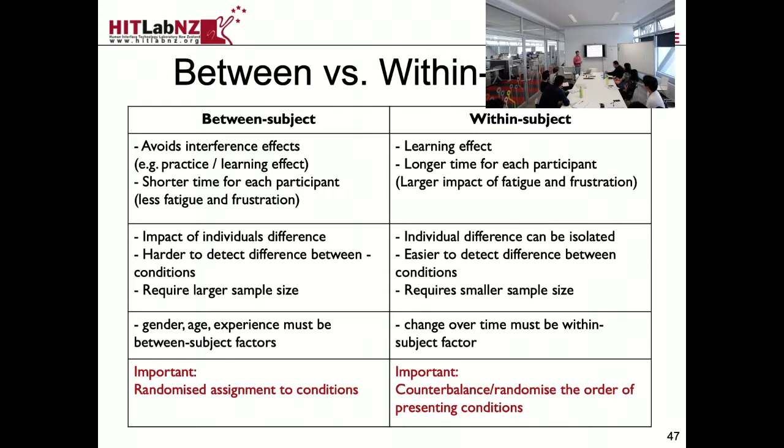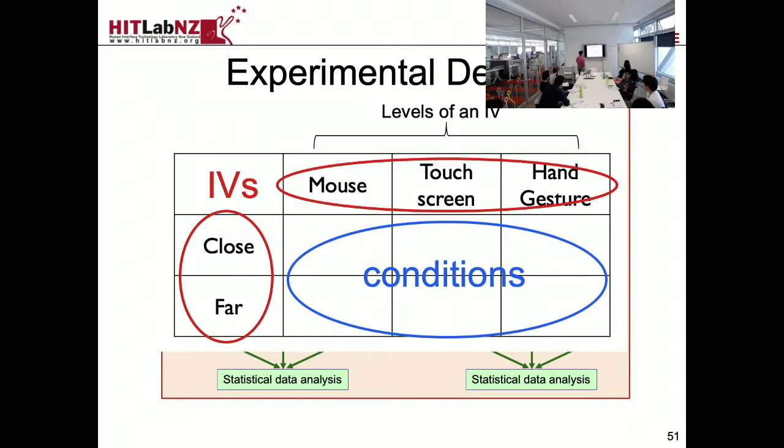But actually, we want to know, let me see, okay, think about this and just ignore this part, okay? So we have a 2 by 2 experiment design, and we have 2 independent variables, the distance and then input devices.